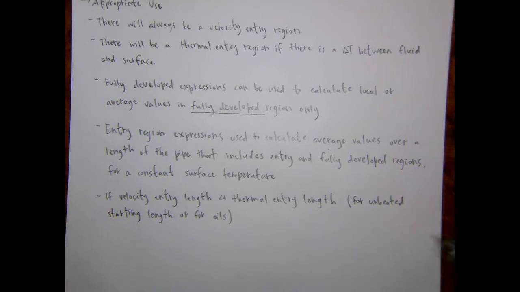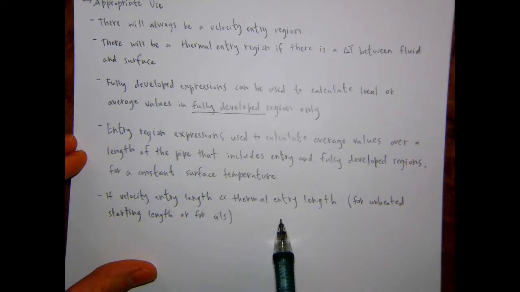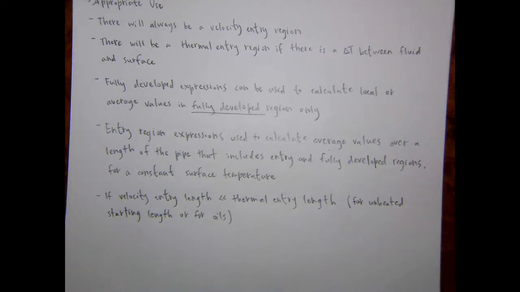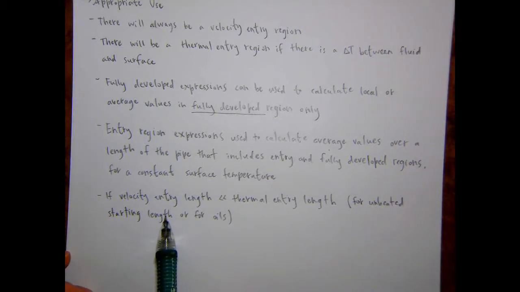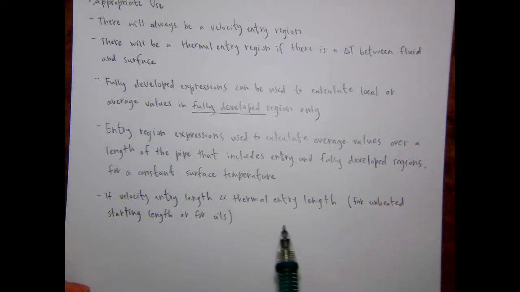So if you have an internal flow problem, it's always still good to calculate both the velocity entry length and the thermal entry length and compare them. But for unheated starting length or for oils, you'll typically find that the velocity entry length is orders of magnitude smaller than the thermal entry length, and it'll be apparent that you can use the thermal entry length expression.